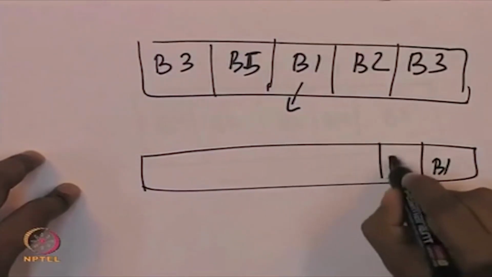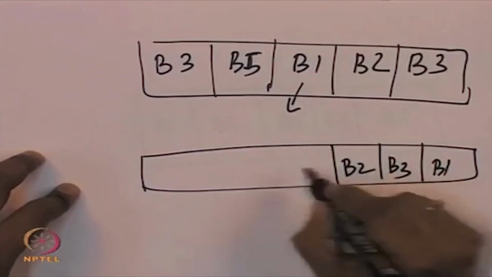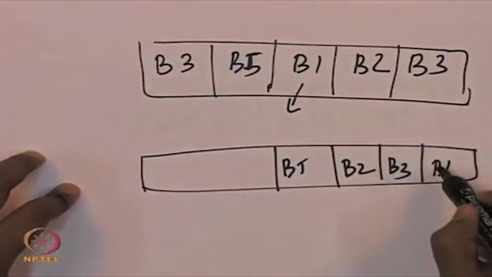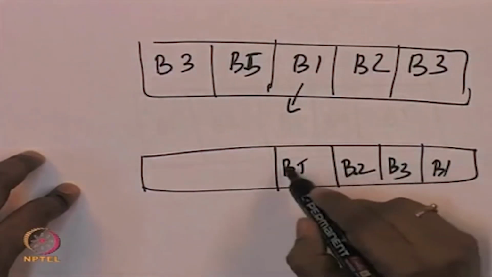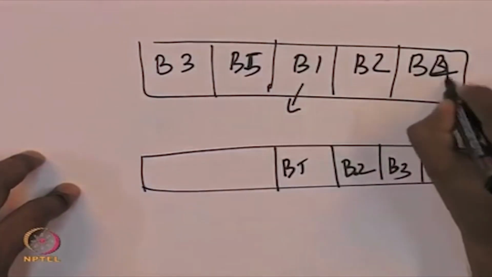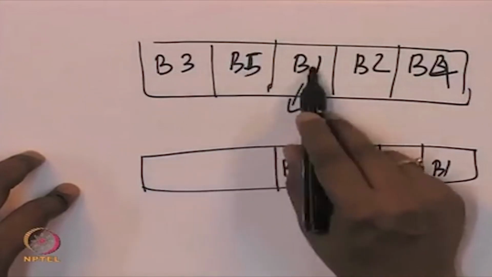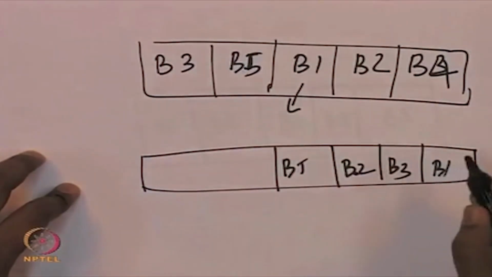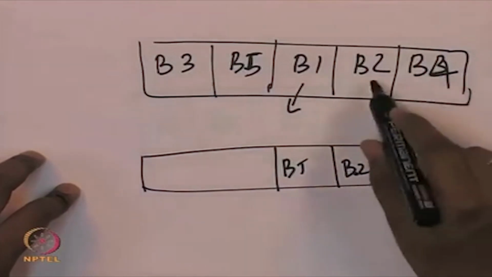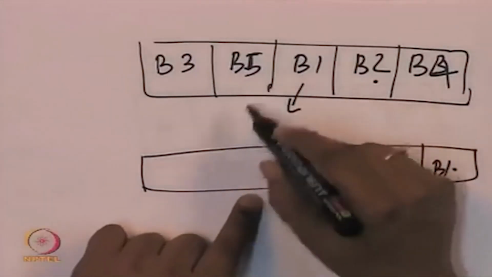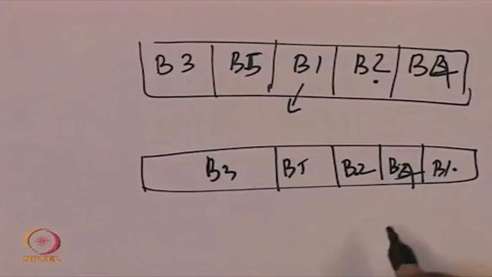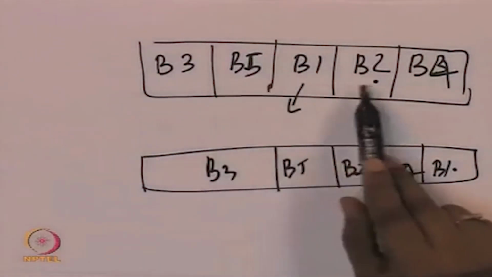So, the arrangement becomes B4, B2, B5, B3 and B1, five books. So, the order changed.